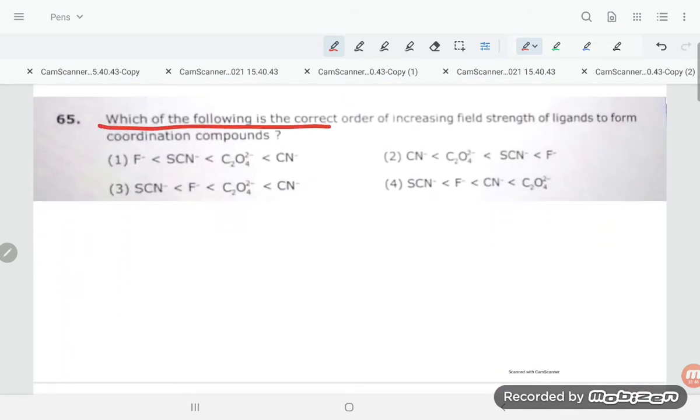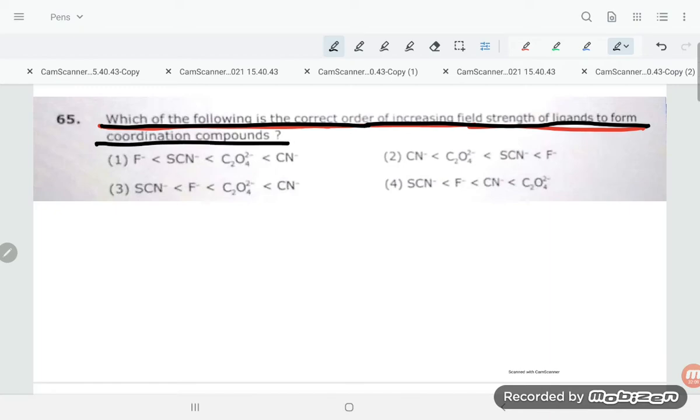Which of the following is the correct order of increasing field strength of ligands to form a coordination compound? This is our question, student. You must be knowing the spectrochemical series, student.